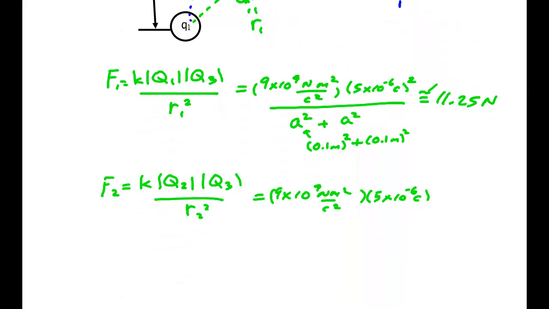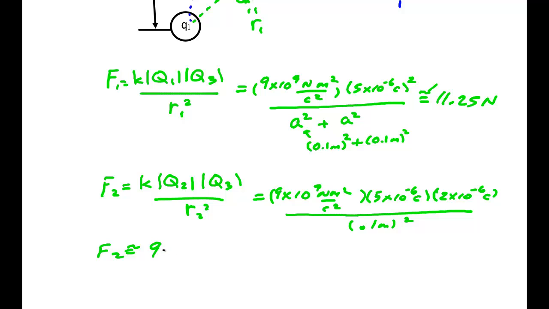Remember, we do not use the signs. All signs are handled by the free body diagram. Minus 6 coulombs. And then all of that is divided by 0.1 meters squared. So F2 is approximately, we have to punch the calculator again, 9 E 9 times 5 E minus 6 times 2 E minus 6 divided by 0.1 squared. I get, assuming that I've done that correctly, 9 newtons.